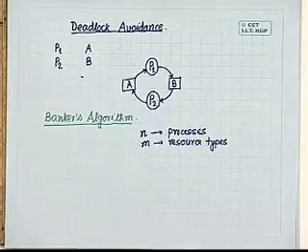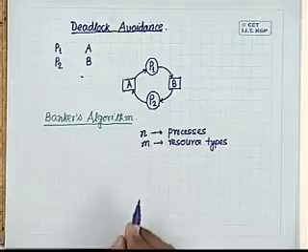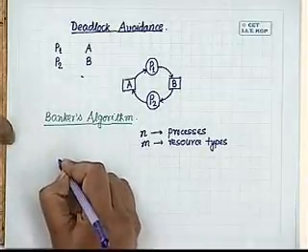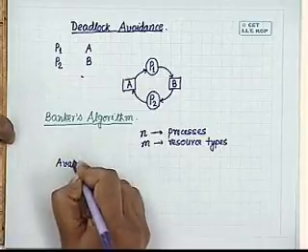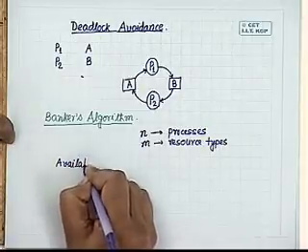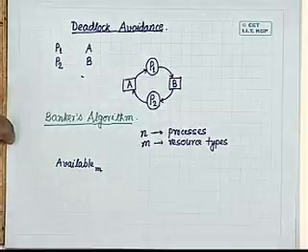Okay. Now, the data structures which are used by this Banker's algorithm, one of the data structures is a vector of dimension m, and we call that vector Available. It is a vector of dimension m.